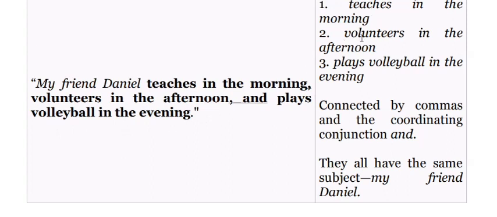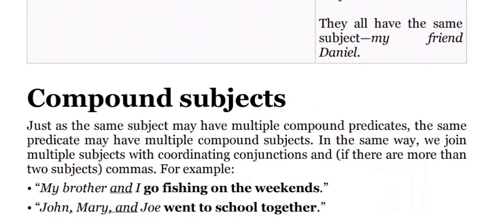Teaches in the morning, volunteers in the afternoon, plays volleyball in the evening, connected by commas and the coordinating conjunction and. They all have the same subject, my friend Daniel. You can see here we put a comma, and next a comma, and then the conjunction and. We used commas as well as the conjunction and.